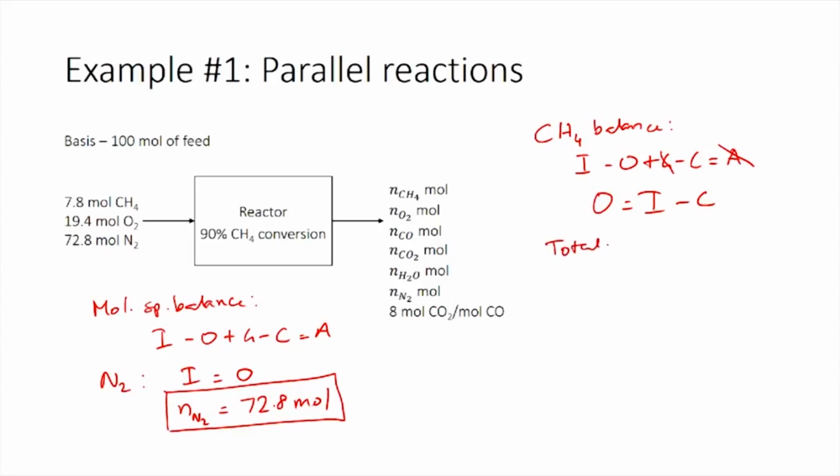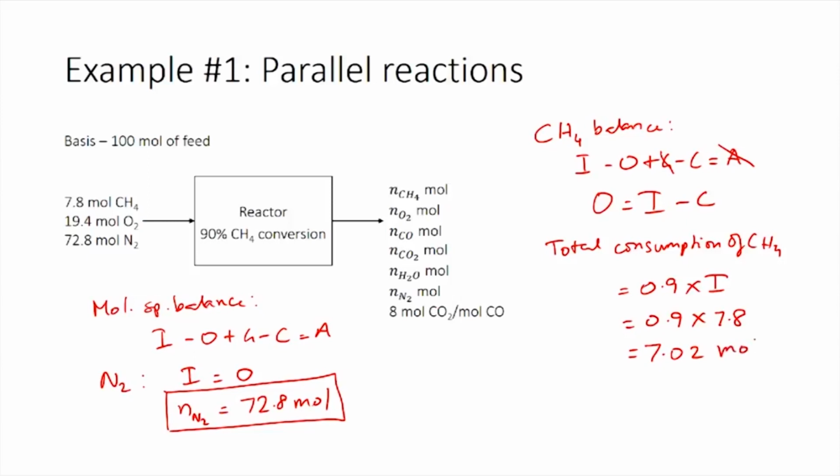So, total consumption for methane would be 0.9 times input, which is 0.9 times 7.8 moles, giving you a total consumption of 7.02 moles.